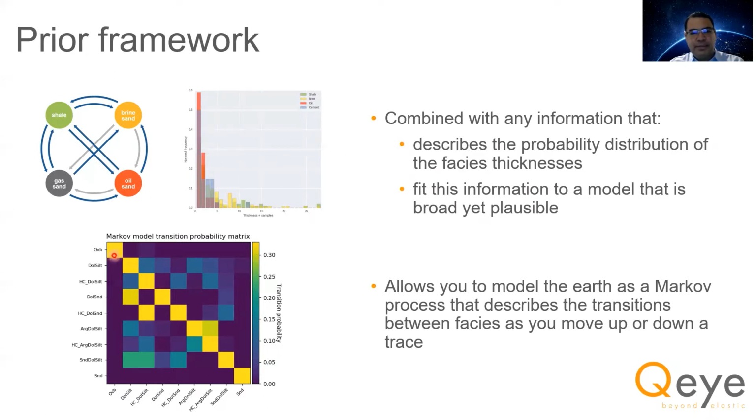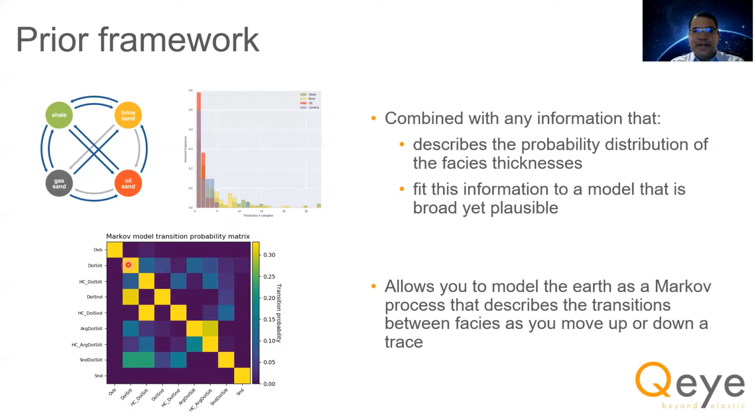Now, another important piece of information in this matrix is the information that is contained in the diagonal, because basically what we have here is the probability of one facies transitioning into a sample of the same facies. So these probabilities on the diagonal are actually related with the mean thickness of that given facies in our model.